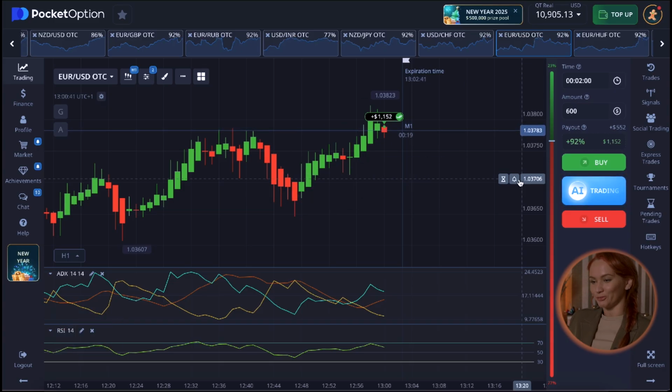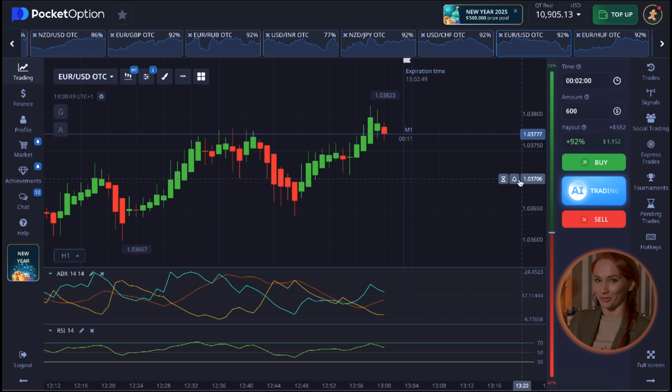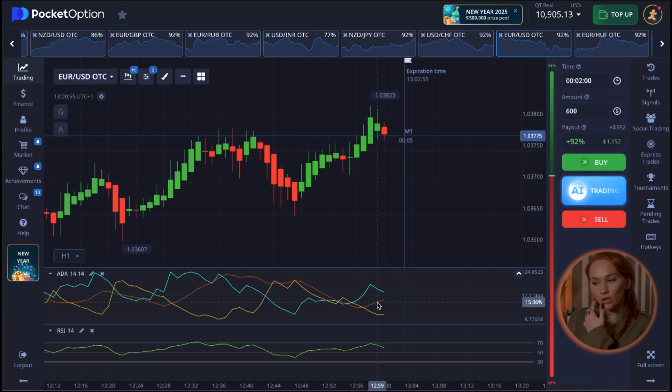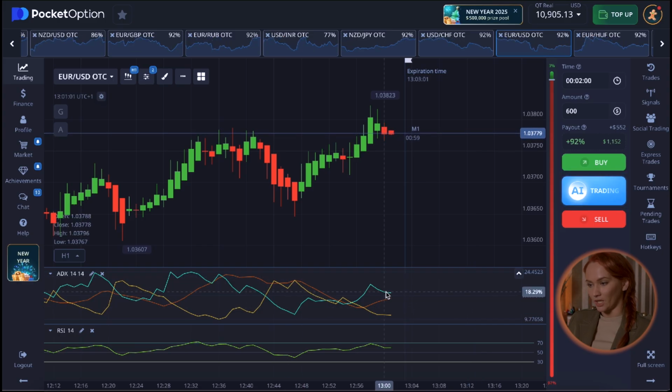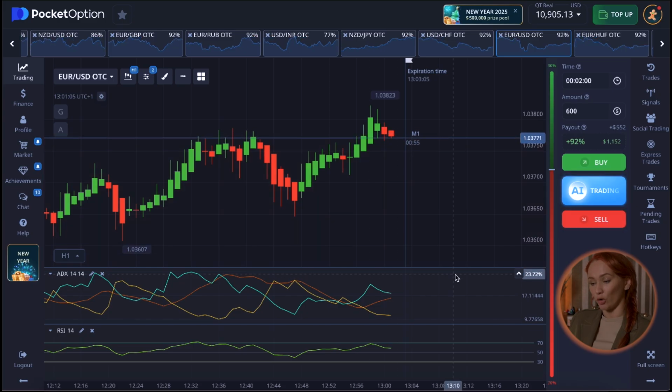A great deal, brings us profit, but let me tell you why this deal in particular was not actually done properly according to the strategy we were talking about today. First of all, we see the ADX below line 25. Second of all, line D plus is above and we opened a sell deal.